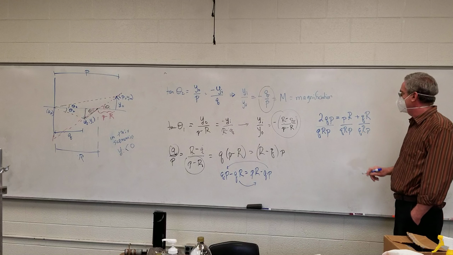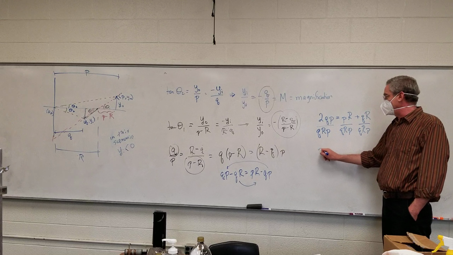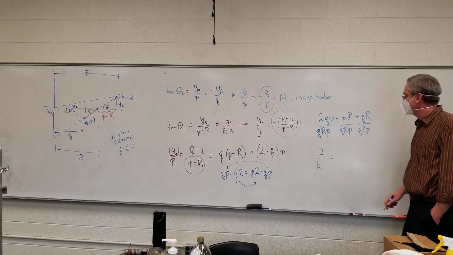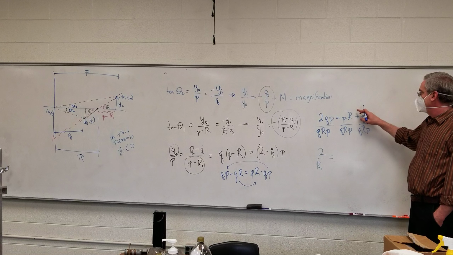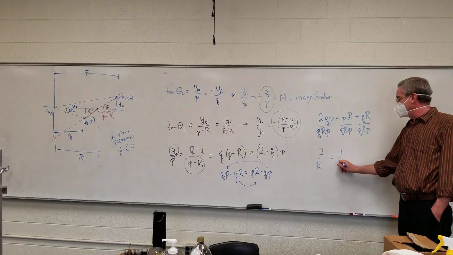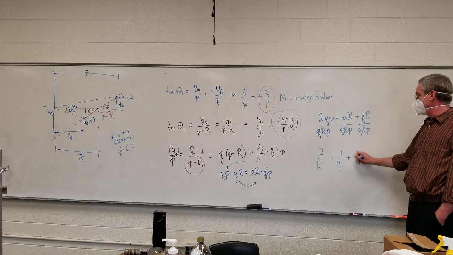So over here on the left-hand side, my Q's and P's cancel out, and I'm left with 2 over R. Over here, my P and R will cancel out, so I'm left with 1 over Q. And then over here, my Q and R will cancel out, I'm left with 1 over P.